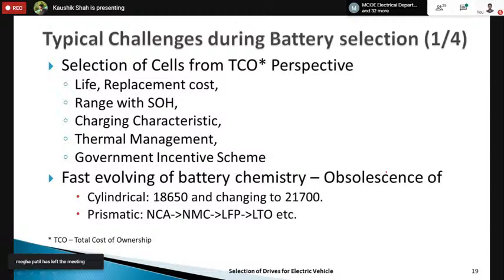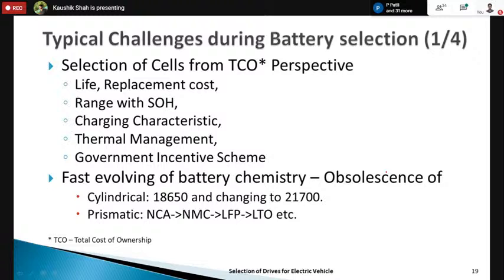And I talked about the fast evolving battery chemistry, obsolescence, right? Cylindrical, as I mentioned, is changing a little faster. If you are incurring a lot of cost on the battery pack in terms of design, for accommodating the 18650 cell for example, let's say you are putting a lot of money on dies and tooling, you should be very cautious about it.